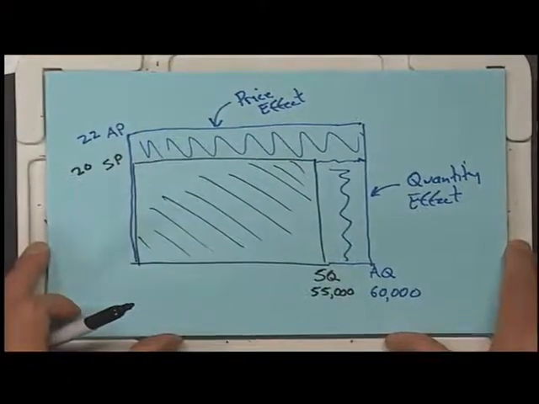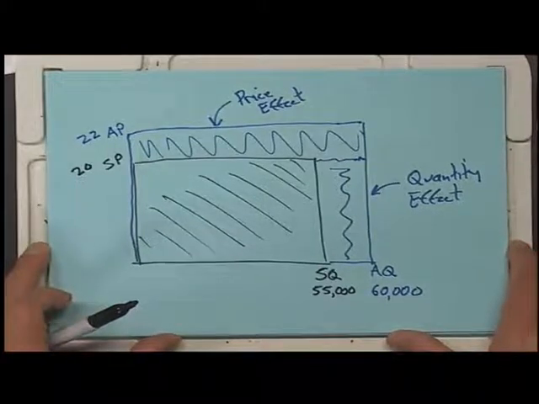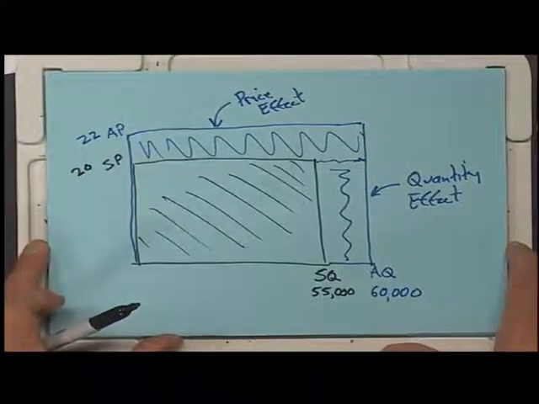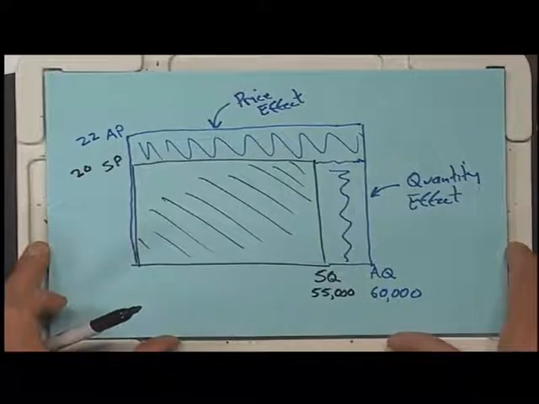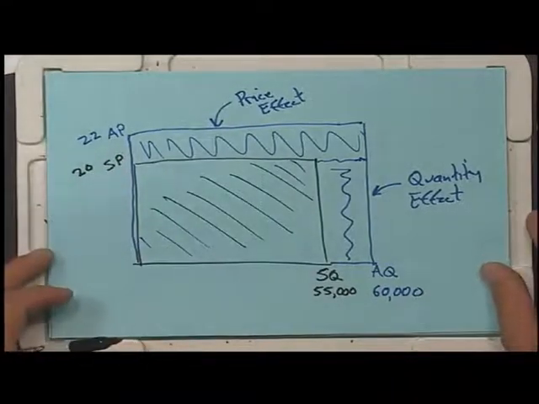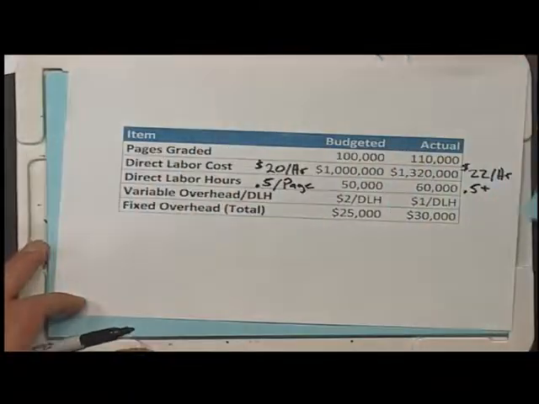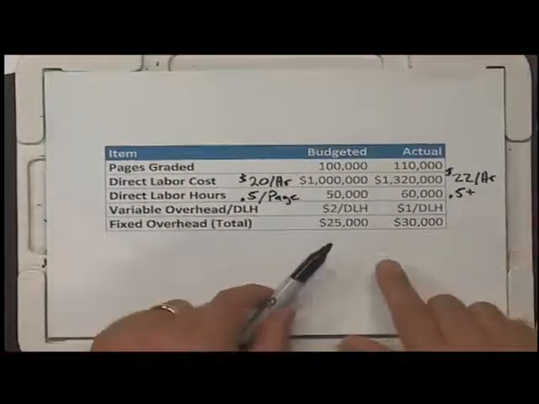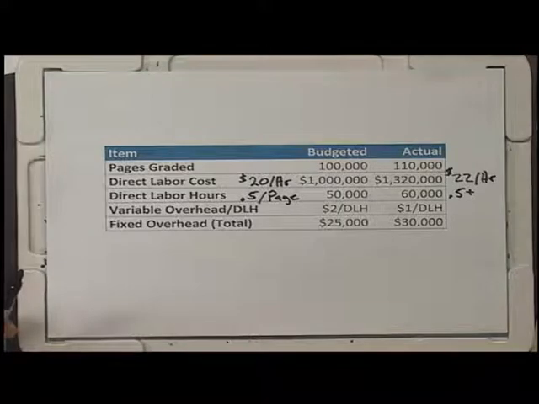This is a very useful analysis for variable costs because it makes sense to think of variable costs as the product of price times quantity. But it does not make sense to think of fixed costs as the product of price times quantity because, in fact, they are just lump sums.